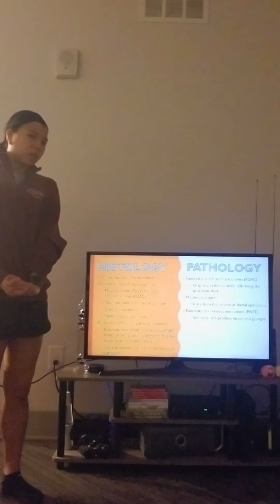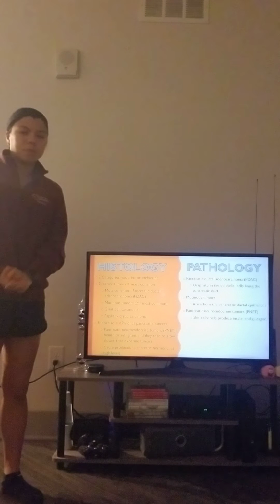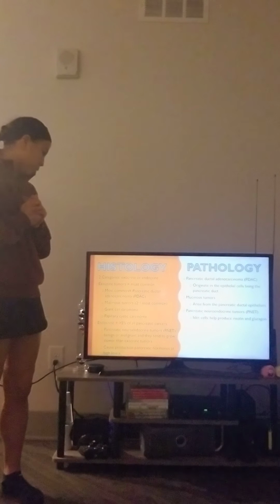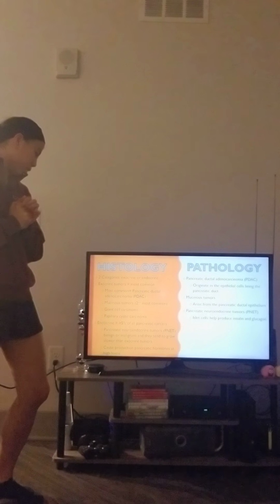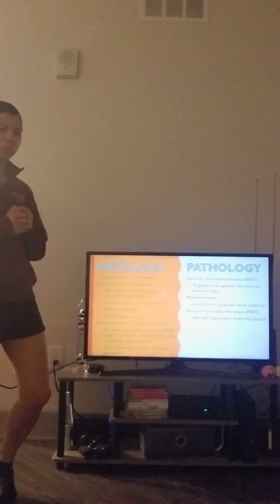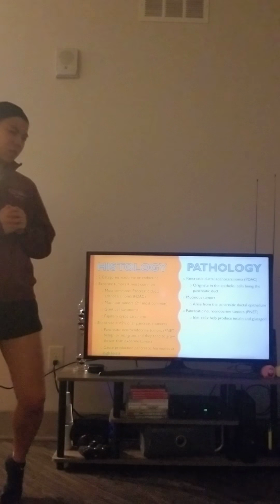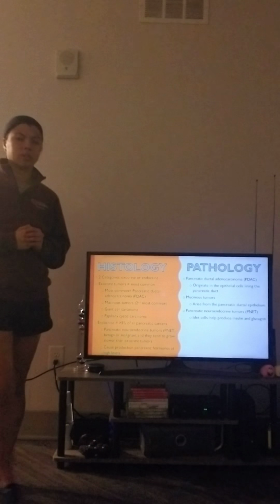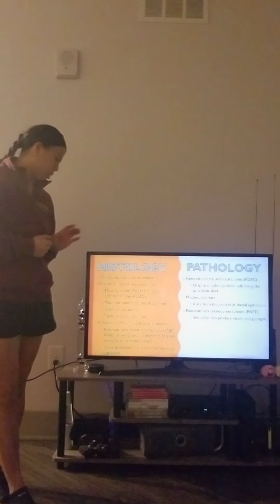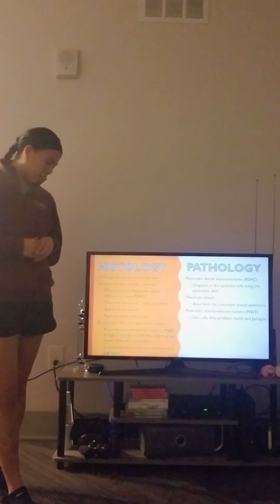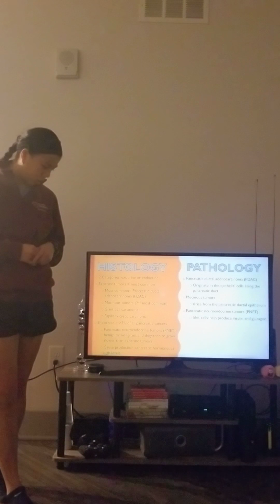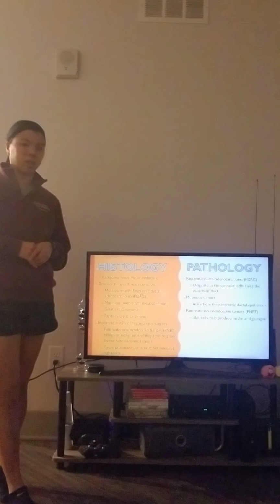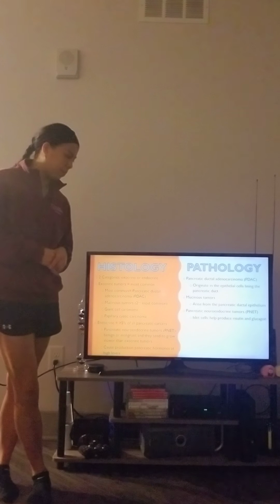And for endocrine, these account for less than 5% of all pancreatic tumors, and these are going to be called pancreatic neuroendocrine tumors, or PNET tumors. And these can be either benign or malignant, and they tend to grow slower and are less aggressive than the exocrine tumors.